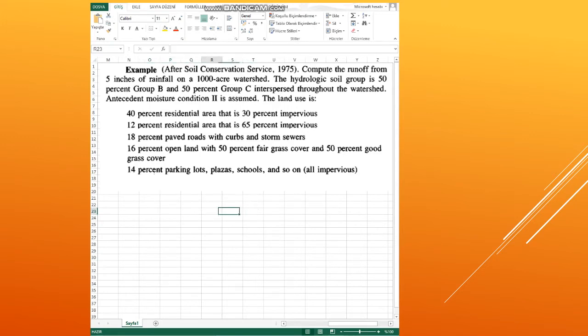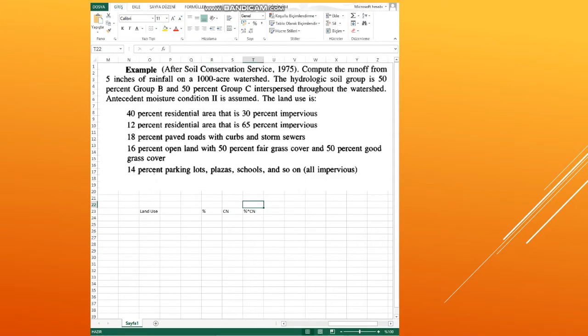We have land use here, and the percentage of how much we use, and our curve number, and we are going to take the product, the percentage multiplied by curve number.